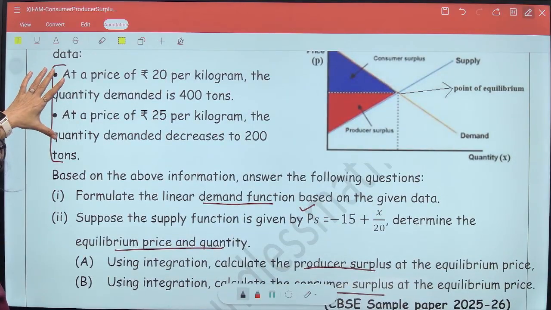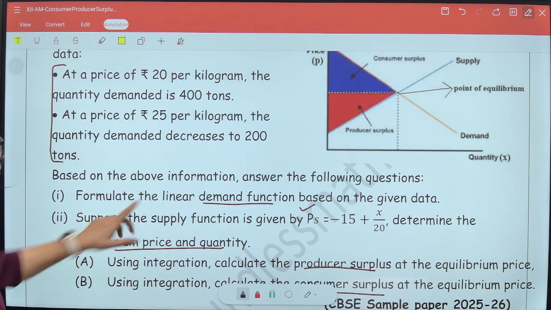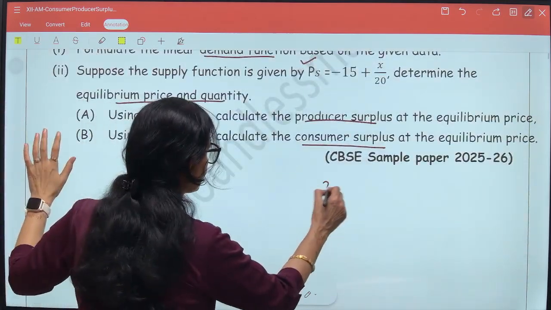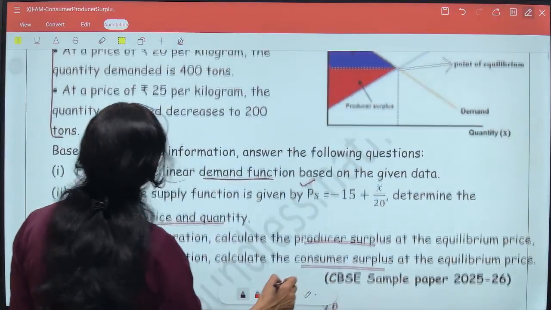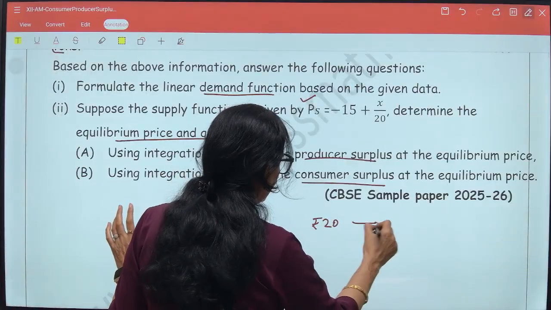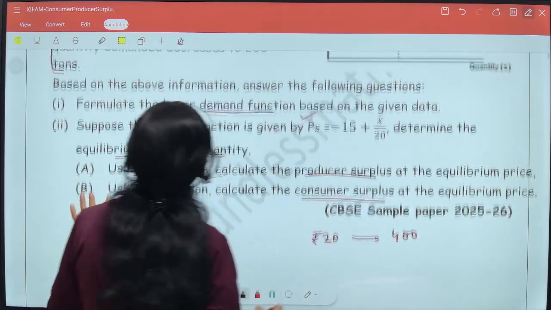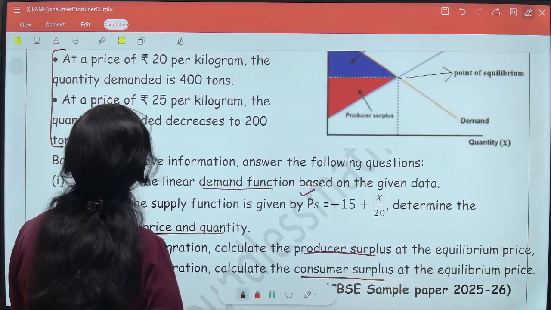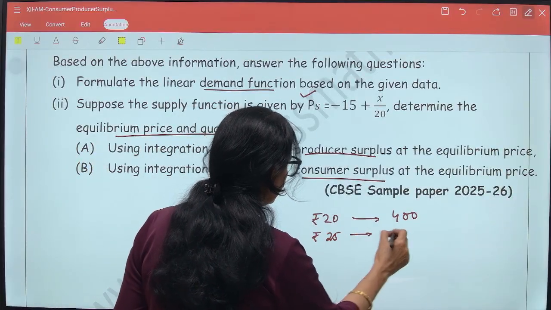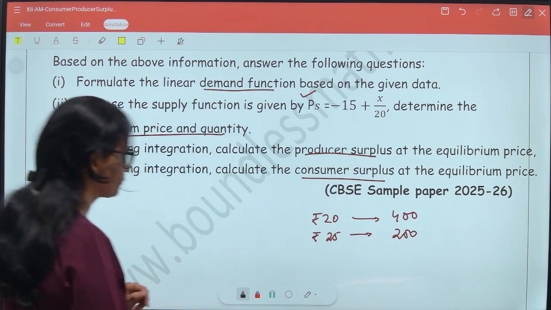You are given two data points, so let's first create the demand function. How can we create the demand function? Let's write the data points in the form of table. It is rupees 20 per kg and there are 400 tons corresponding to this, and when it is rupees 25, then 200 tons is the quantity.